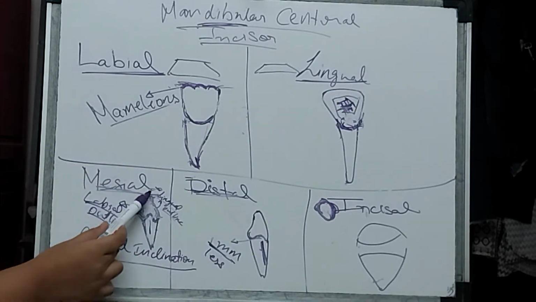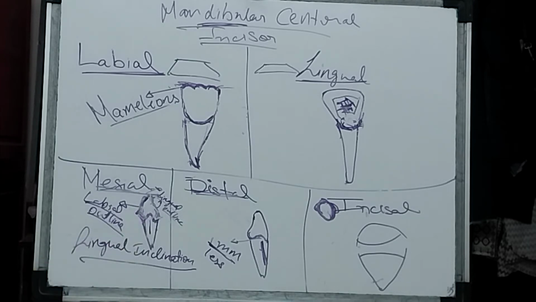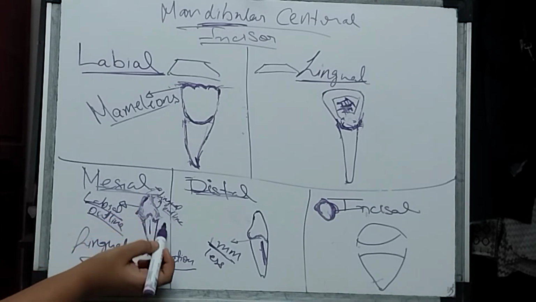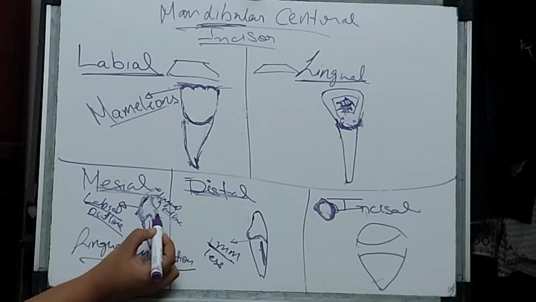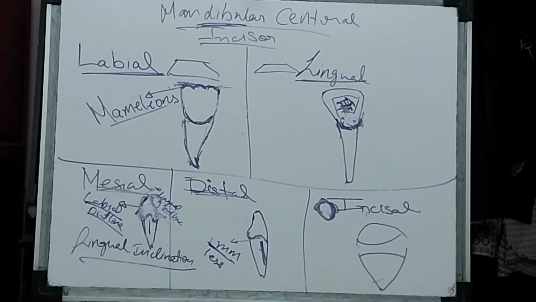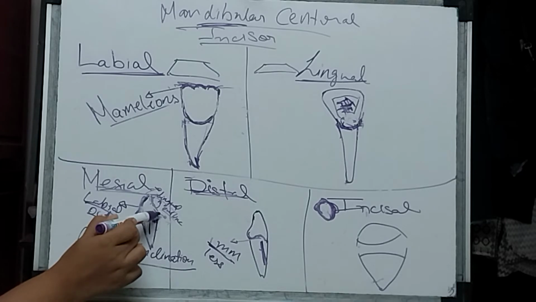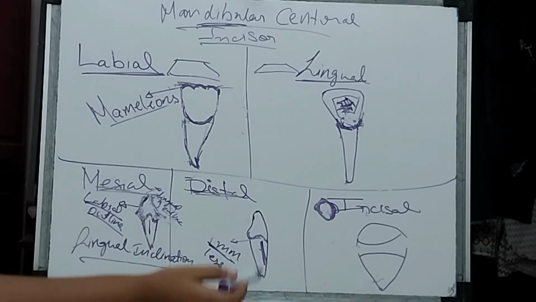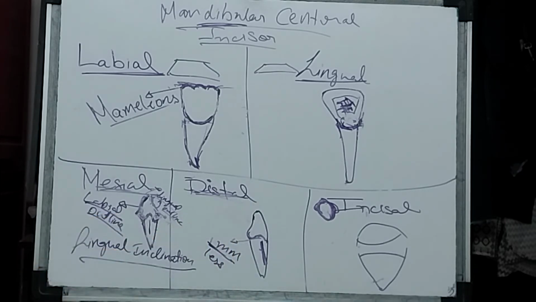So that is why this irregular shape is there. And it is obvious where the height of contour will be. Over here in the cervical third, the height of contour will be in the cervical third. So both here the heights of contour will be in the cervical third, because this cingulum is present, that's why. Okay, so the distal aspect is similar to the mesial aspect.